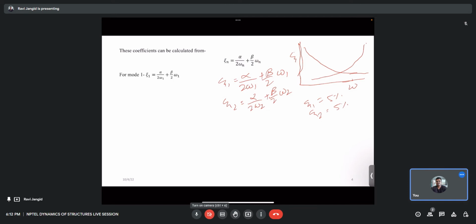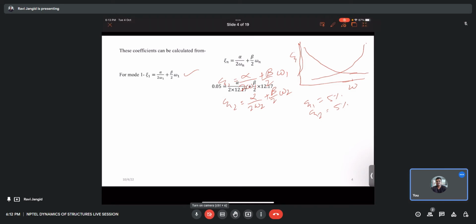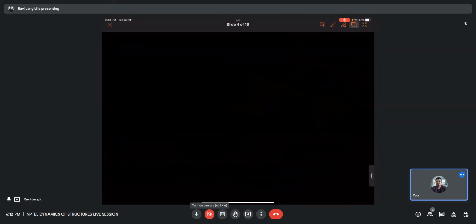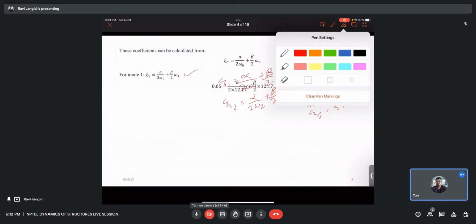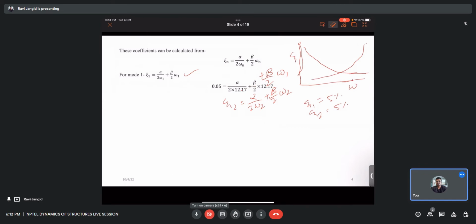For the first mode, xi 1 is equal to alpha by 2 omega 1 plus beta omega 1 by 2. Putting in the values: 0.05, and omega 1 is given as 12.17. So this is the one equation.